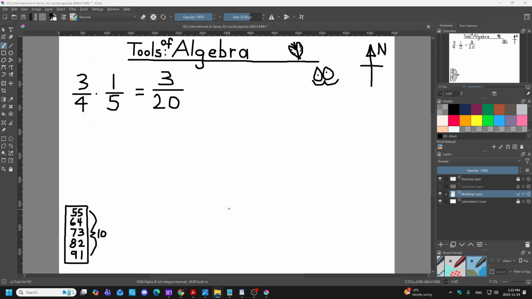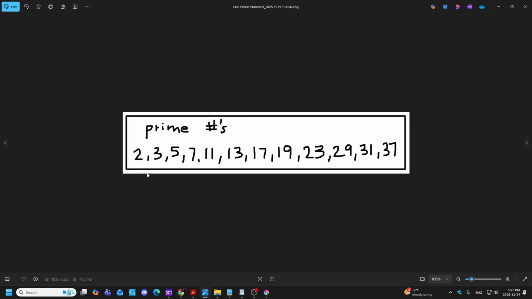Now we have a fraction here, our final answer, which we think is our final answer because looking at this, we have an odd number and we have an even number. We also know that 3 doesn't divide nicely into 20, right? So the next thing we can ask ourselves is 3 a prime number?